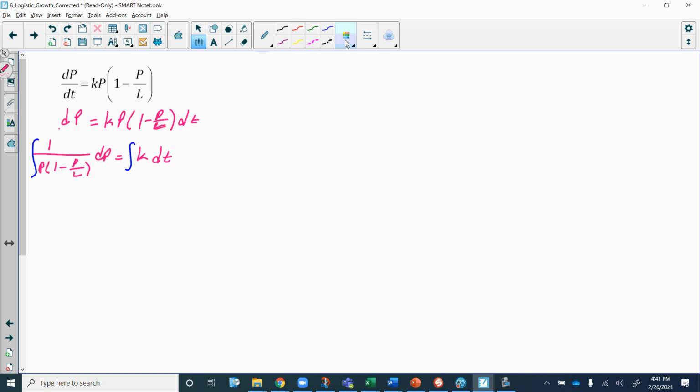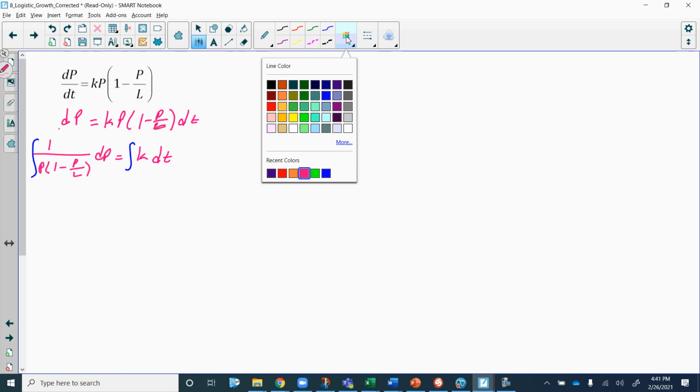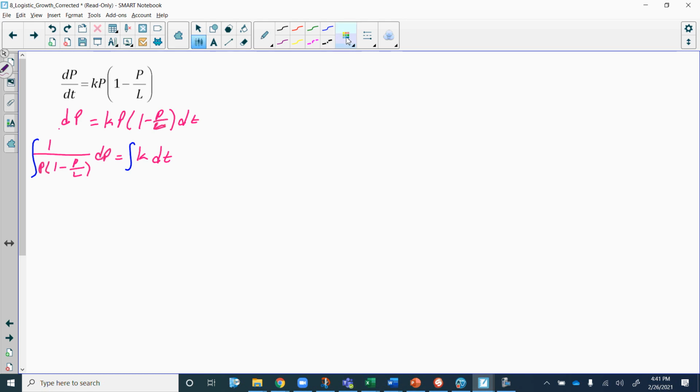Okay, so what I'm going to do, let me pick a different color, is focus on this left side first. Looking at the fraction that we have, that one's not something I can integrate unless I do partial fraction decomposition. Partial fractions.